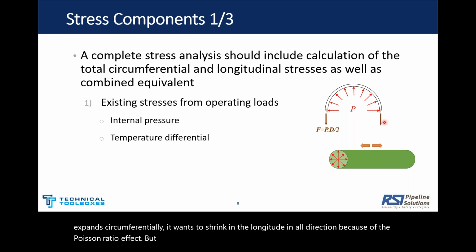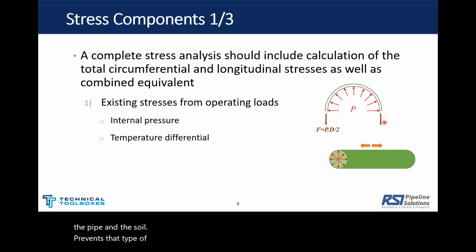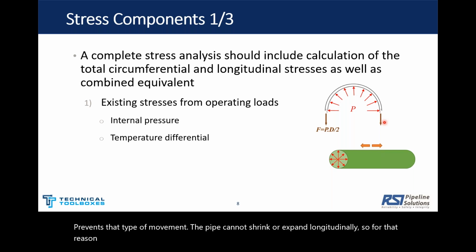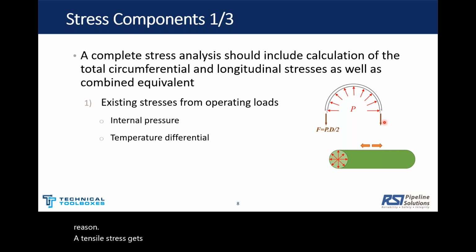But when the pipe is buried, the friction between the pipe and the soil prevents that type of movement. The pipe cannot shrink or expand longitudinally. So for that reason, a tensile stress gets developed in the longitudinal direction.